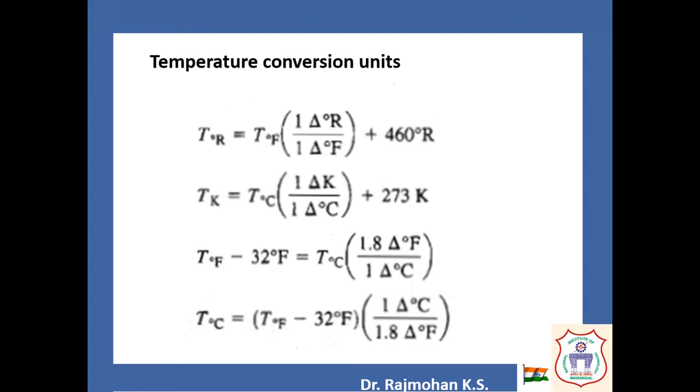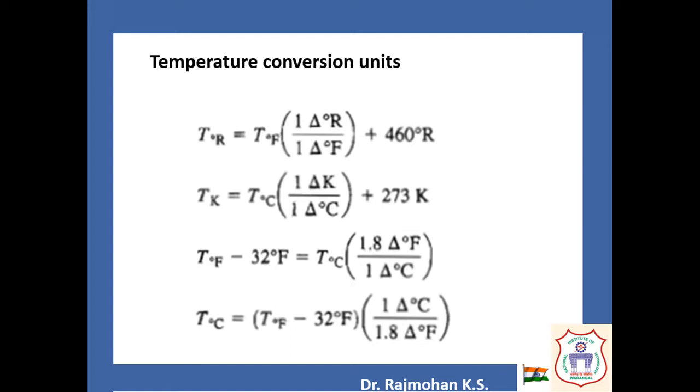So far we have seen the temperature conversion when it is delta T. But when it is actual temperature, how to convert from one unit system to another, the conversion factors are given here. With reference to the same temperature table, the relationship between temperature Rankine and temperature Fahrenheit is given as T Rankine is equal to T Fahrenheit into 1 delta R by 1 delta F plus 460 degree Rankine.